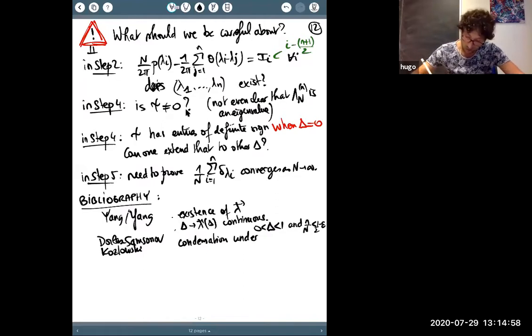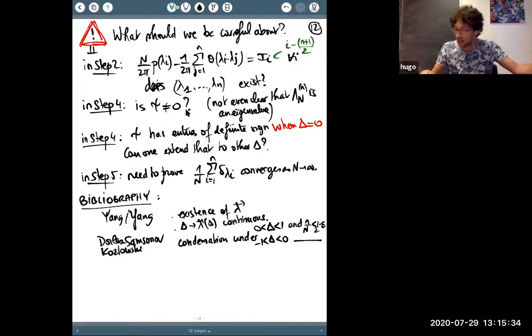Kozlowski's paper addresses the most interesting case, which is the hardest one, and that's the one I will deal with on Friday: delta between -1 and 0, again under the assumption that small n over capital N is away from 1/2. There is something critical happening at 1/2, and I hope that the proofs that I will present on Friday will give you an idea of why small n over capital N equal 1/2 is the hardest case.